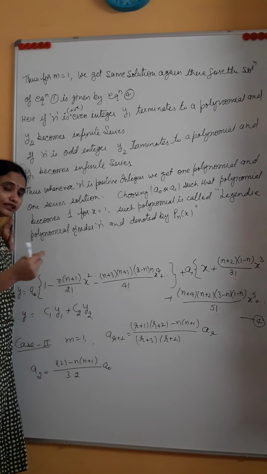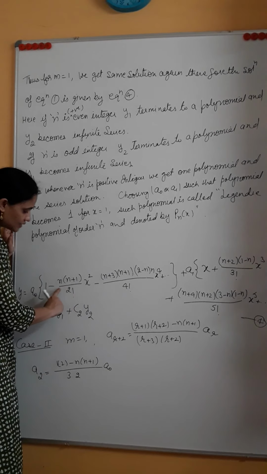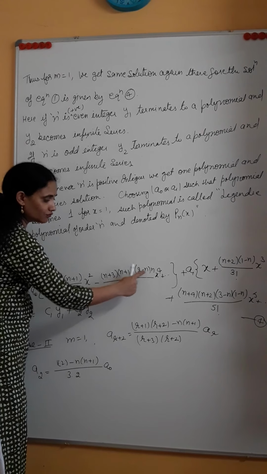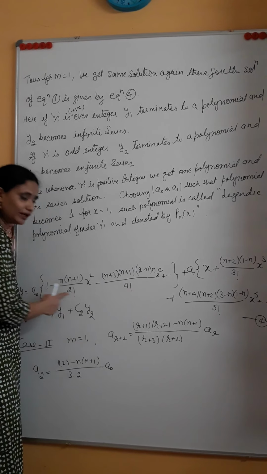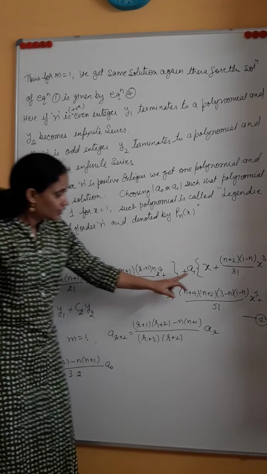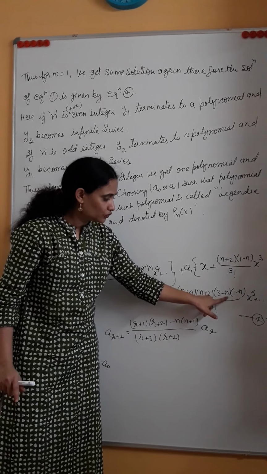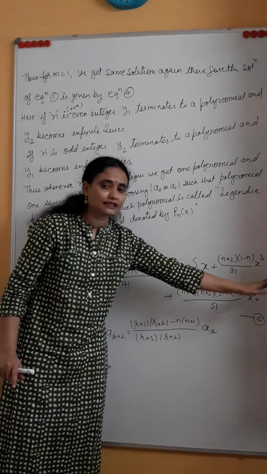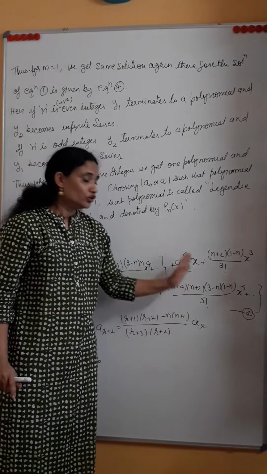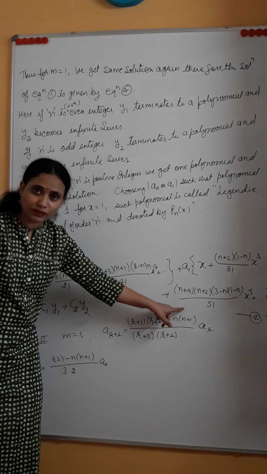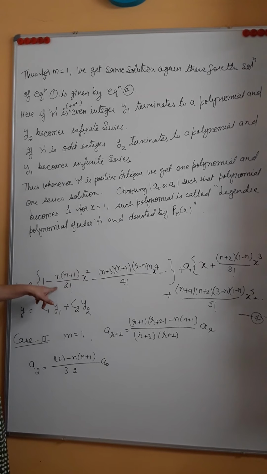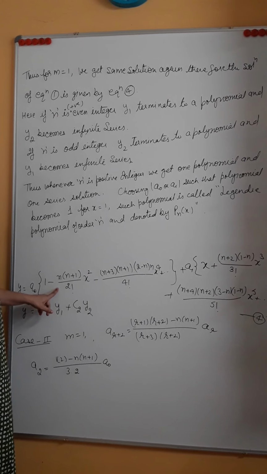Now if it is a positive odd integer, then what will happen? If it is odd, for example 3, then y2 will not terminate because we don't have an n minus 3 term here. It will keep on going, so it will be an infinite series. But for n equal to 3, this term and all the successive terms will become 0. So for odd integers, y2 becomes a polynomial and y1 becomes an infinite series.